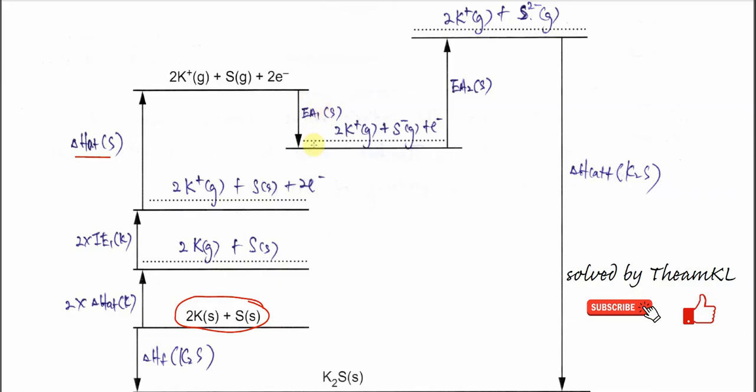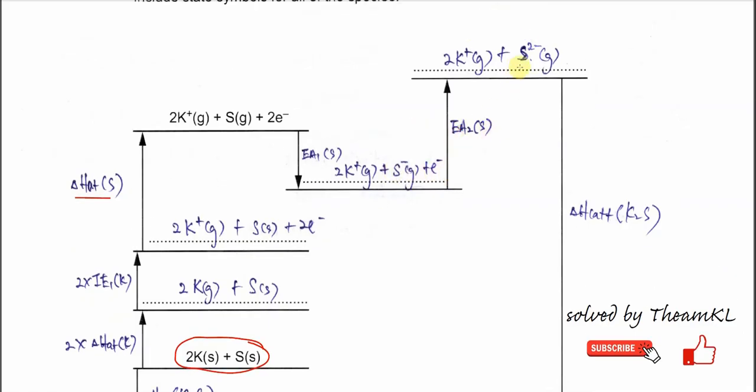So it's going down, so it's exo, and the sulfur gaseous atom now forms the gaseous ion with 1 negative charge, and this gaseous ion will gain another electron and form the sulfur 2 negative gaseous ion.